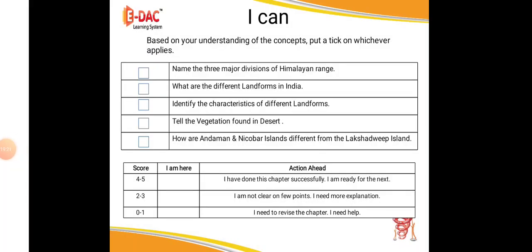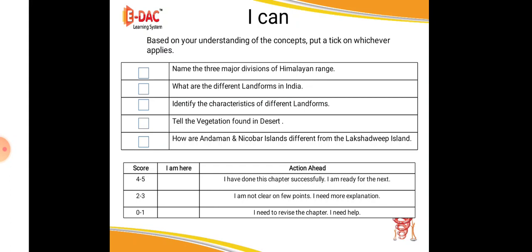After doing so, calculate the total number of ticks, which will be your total score. In the table below, choose your next action according to your score. For example, if you scored 4 or 5 ticks, then you are ready for the next chapter as you have successfully completed this chapter.